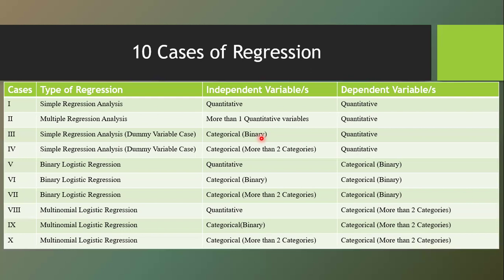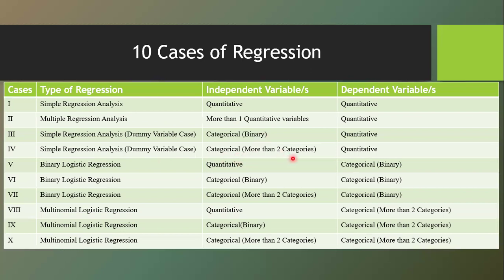So where your independent variable is binary, you are going towards case 3, and your dependent variable is still quantitative. I will elaborate all these cases one by one, but at first you need an overview of what these cases are.